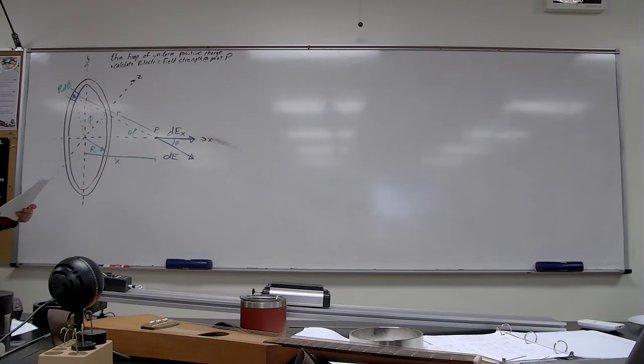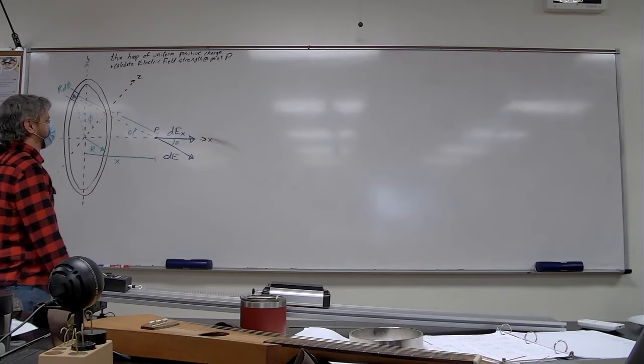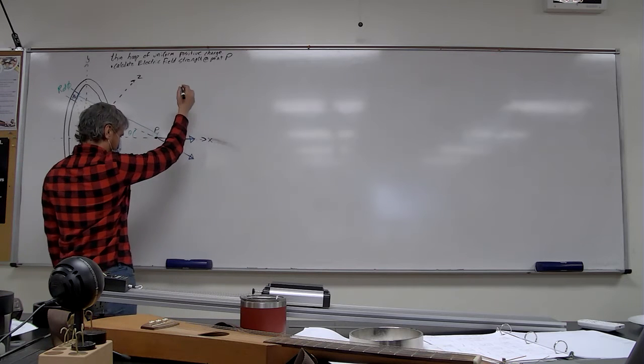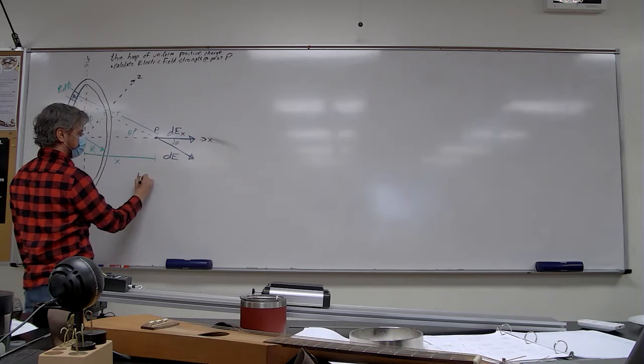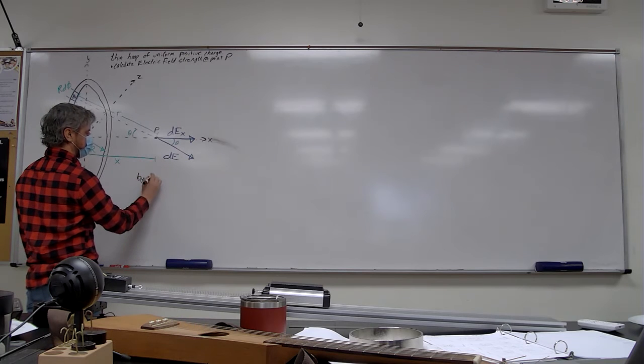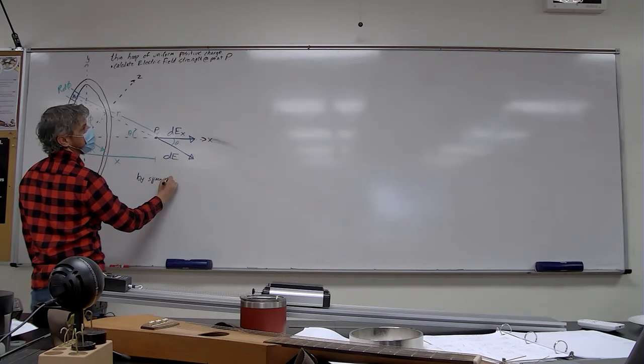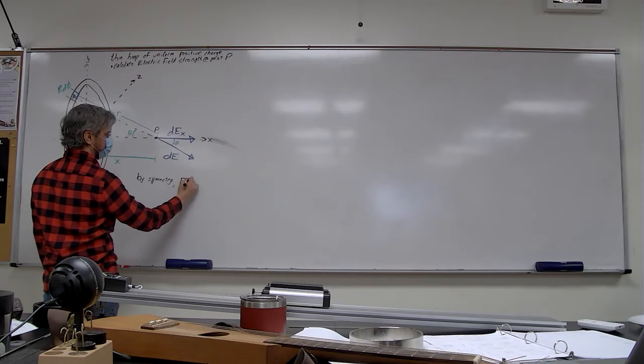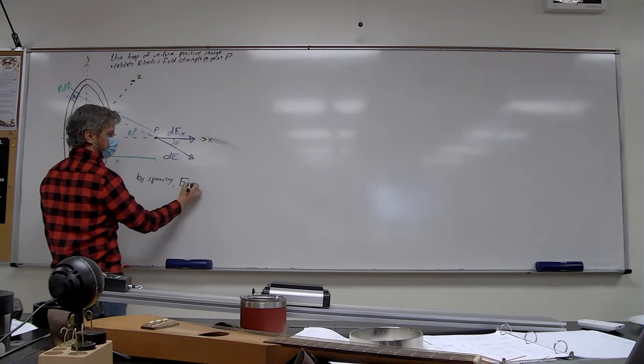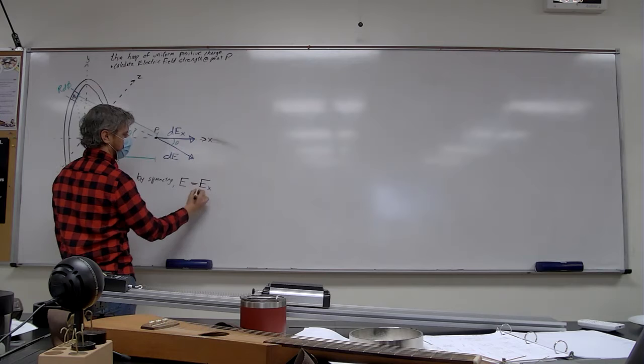Well, obviously, if you do this and this, you'll calculate the electric field. Okay, so some things to notice. By symmetry, the total electric field is simply the electric field in the x direction.